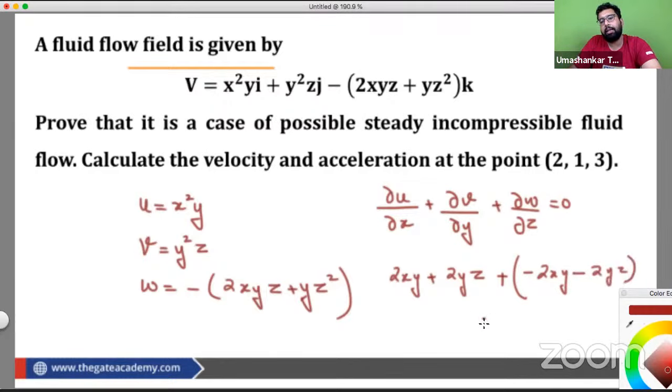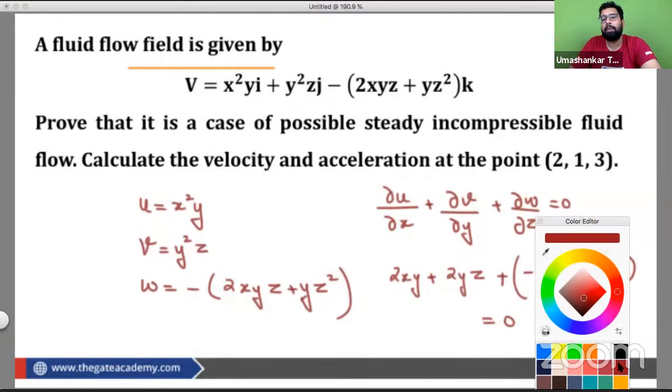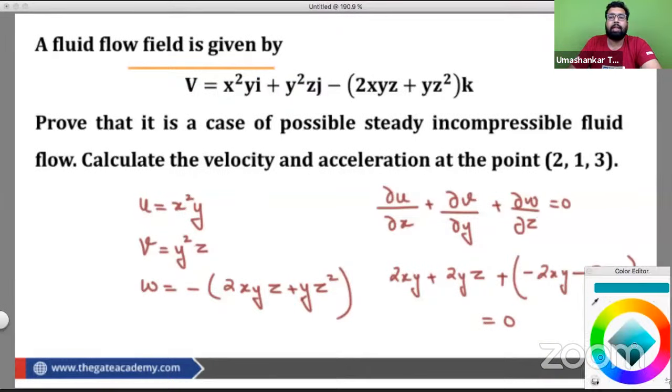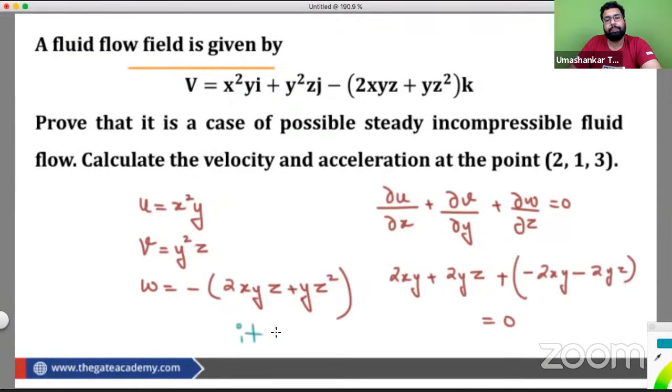So 2xy minus 2xy is 0, and 2yz minus 2yz is 0. That means it is a steady and incompressible flow, right, beta?